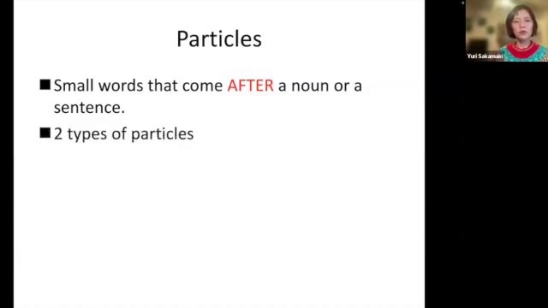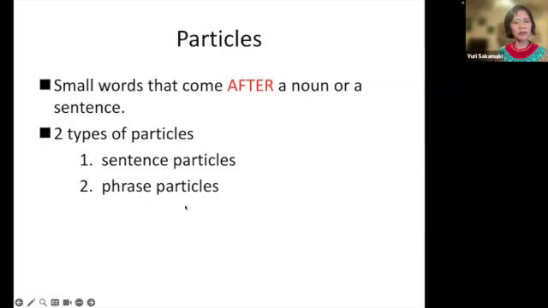All right. There are two types of particles. One is sentence particles, which come after a sentence. Remember the particle that will make a statement into a question? Ka. That comes after a sentence. So, そうです。そうですか. It's not a phrase particle like the second type.